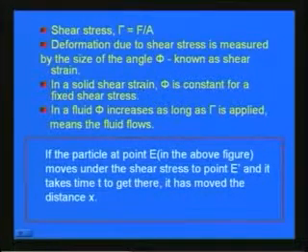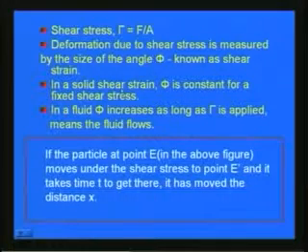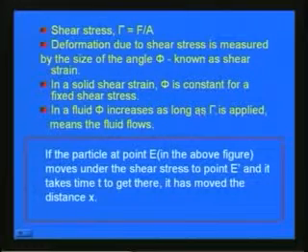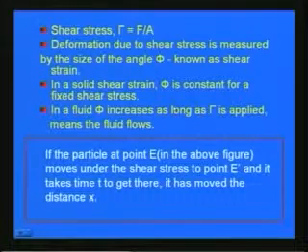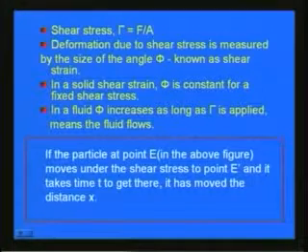If you consider a solid, this phi is constant for a fixed shear stress, but in a fluid phi increases as the shear stress is applied, meaning the fluid is flowing. Since the fluid is flowing, this phi will be increasing, and this variation depends upon the type of fluid. If the particle at a point E in the previous slide moves under the shear stress to point E' and it takes time t to get there, it has moved the distance delta x.